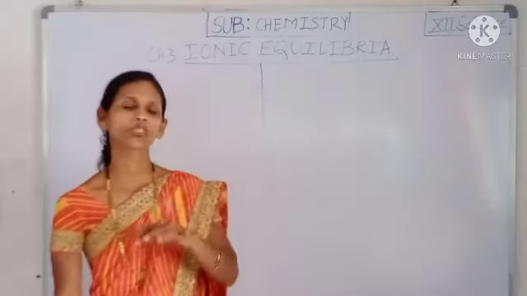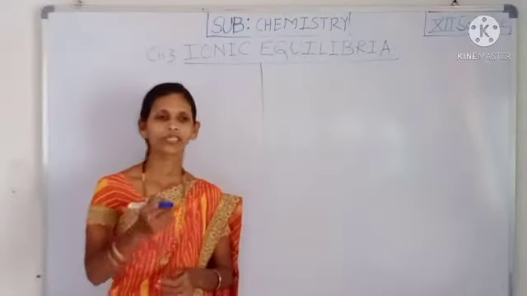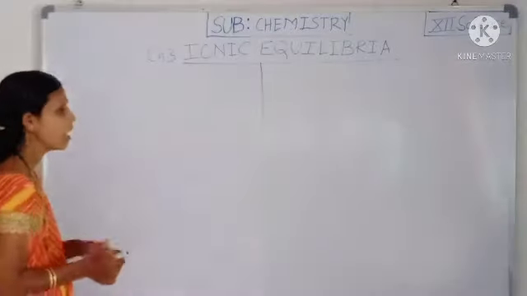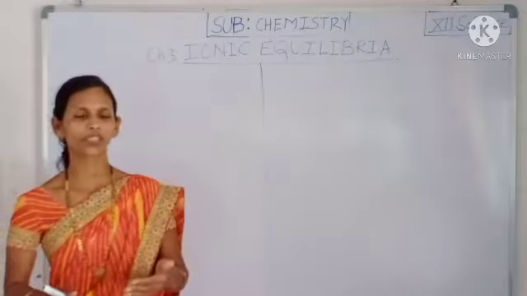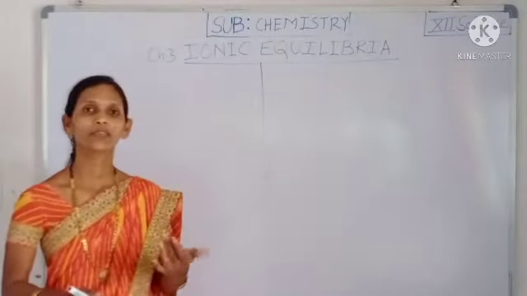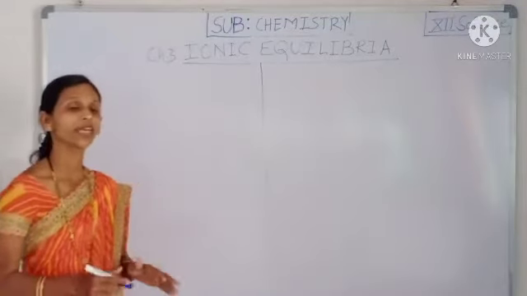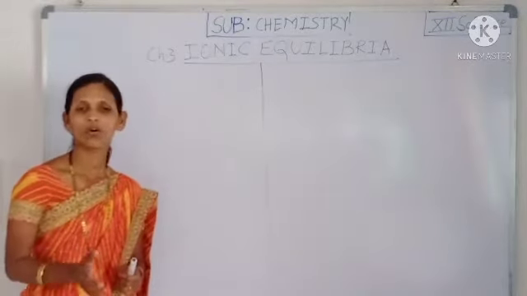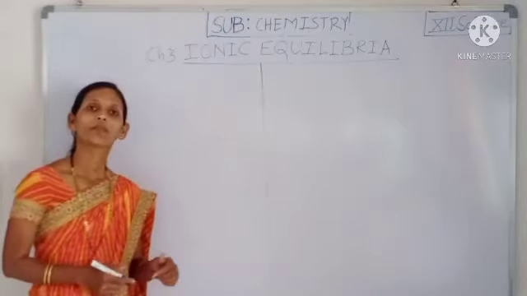Buffer solutions are of two types, acidic buffer and basic buffer. Now see how a buffer does not change its pH even after addition of acid, base or water. That is the buffer action, or mechanism of the buffer.